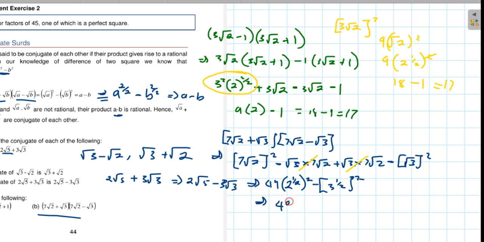So this is 49 multiplying 2, then this is minus 3. So 49 times 2 is 98, minus 3, what you have is 95. So that is the answer, and this is the solution to these two conjugate problems.